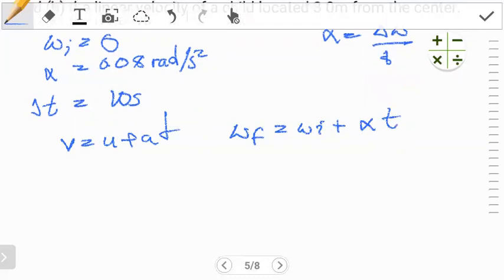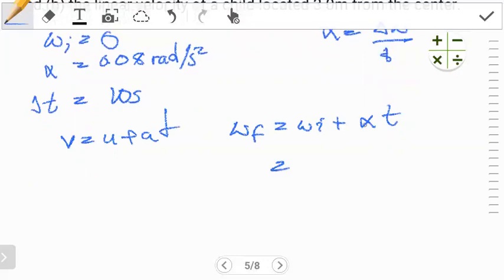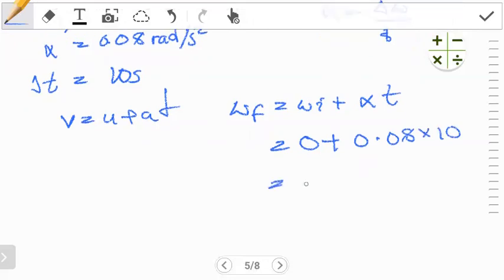The initial is 0, plus the angular acceleration given as 0.08, times the time of 10 seconds. When you multiply, we get 0.8. Since this is velocity, it is rad per second. So this was quite straightforward, really.